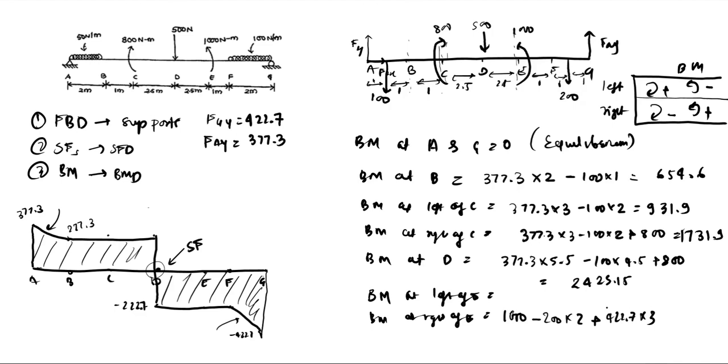So this comes out to be 422.7 into 3 minus 400, which is 868.1. We'll just write it somewhere here, 868.1, because we will need that value again when calculating the bending moment at right of E. This should be at left of E, and right of E we write it here.